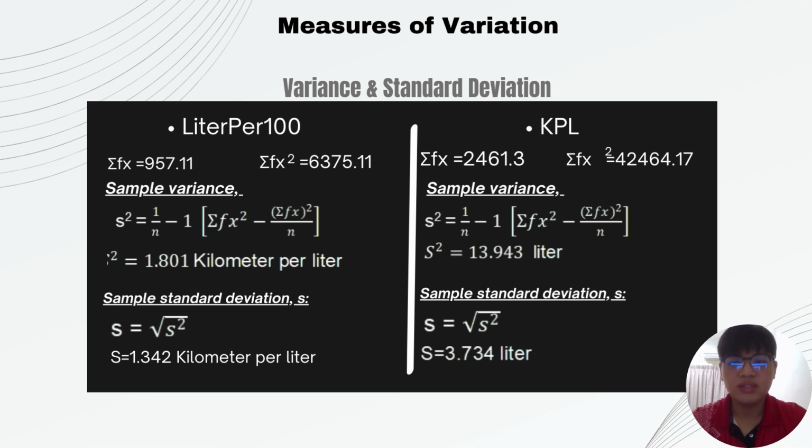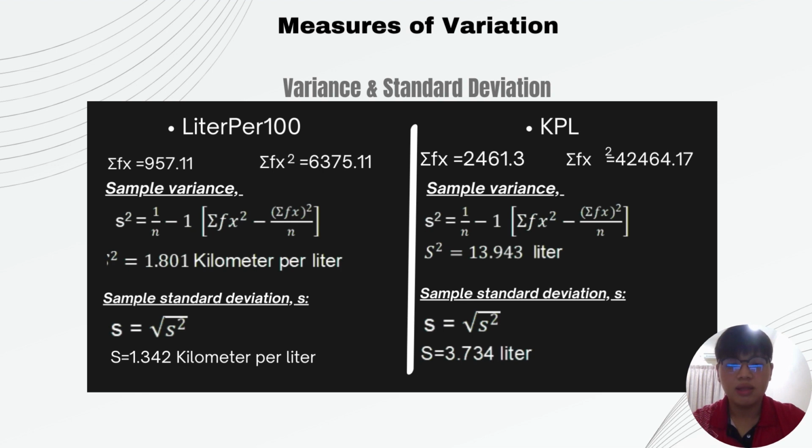We put these answers into the sample variance formula and get a sample variance of 1.801. For the standard deviation, we take the square root of the variance, and we get 1.342 for the variable liter per 100.